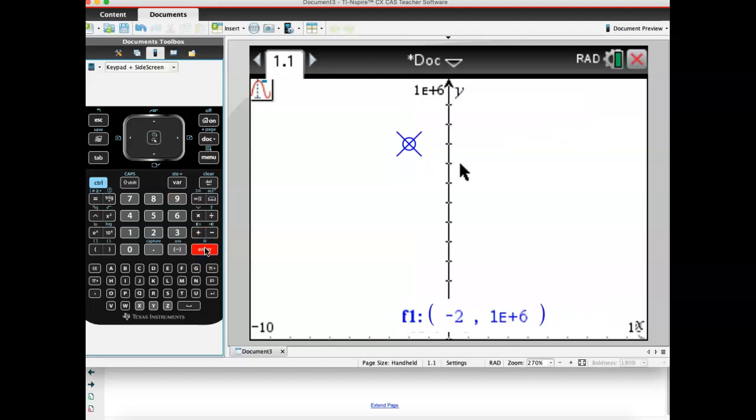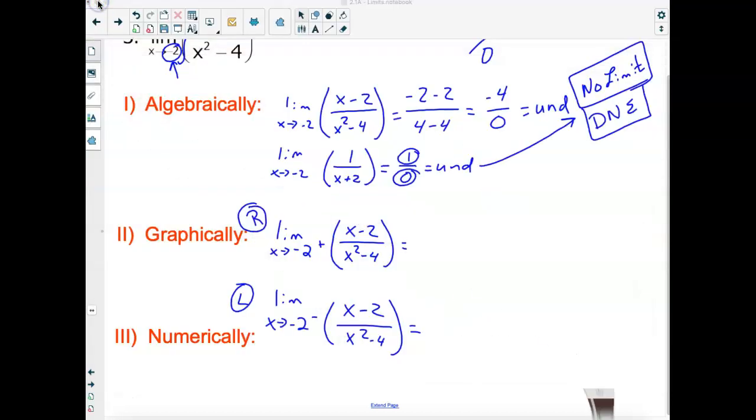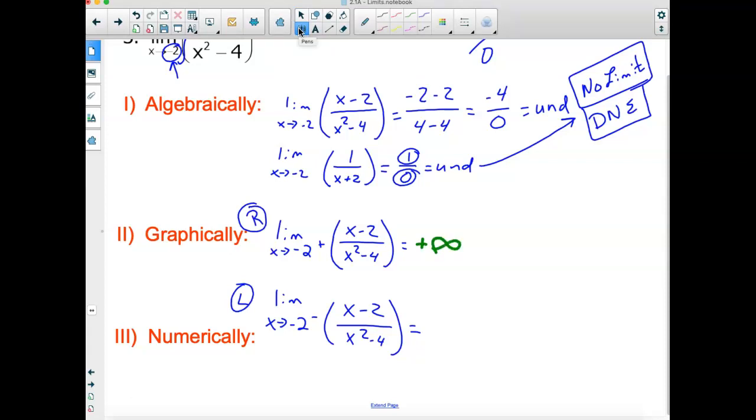I'm at a really big number. That'd be 1,000,000. Notice it's going up. The limit does not exist on that right side, because I'm not approaching a finite value. To have a limit, you have to approach a specific number or value. Infinity is not. So I'm approaching from the right side, I'm approaching positive infinity, okay?